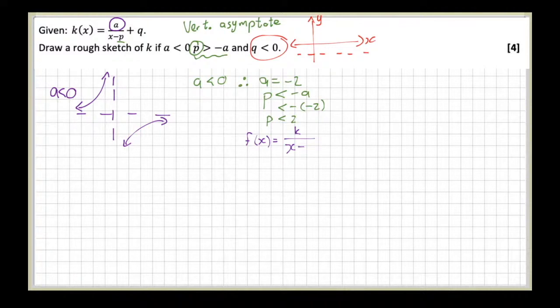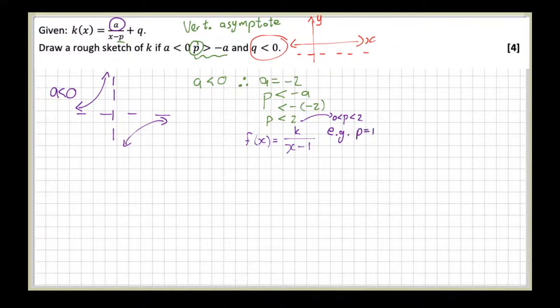This is a nasty little sum, so I'm going to split this up into 2. You'll see why I do this. I'm going to pick a P value that lies between 0 and 2, so still positive. Let me pick 1, for example. P is equal to 1.